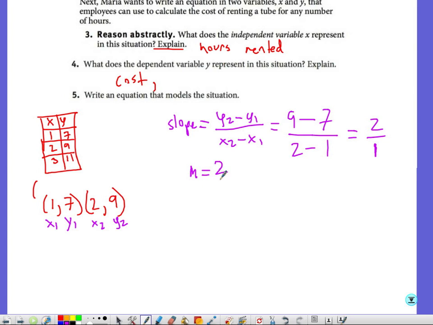Okay, once we have our slope, we have to use the point slope formula, which again is y minus y1 equals m times x minus x1. We found the slope, which is 2.